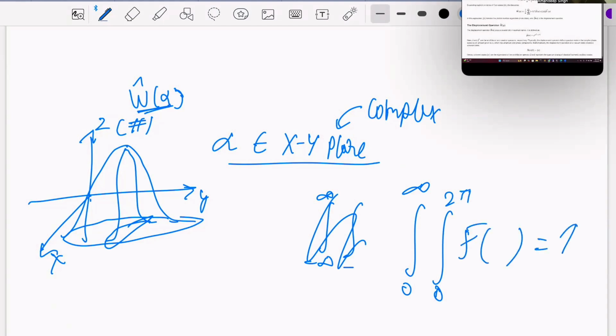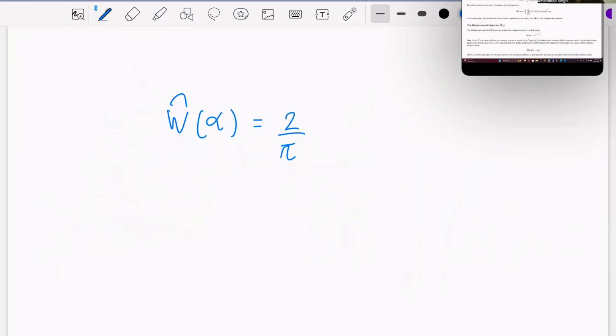This ultimately has to come to unity, because the particle has to be in some state in the phase space. It cannot be someplace outside. So when you sum over all possibilities, it should come out to be one. That's where this normalization constant is coming from.